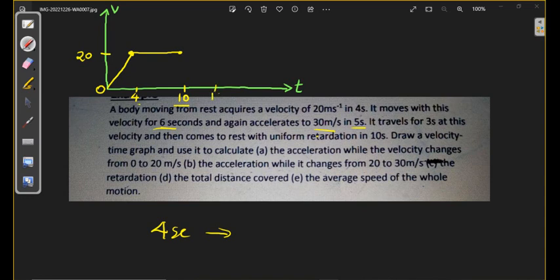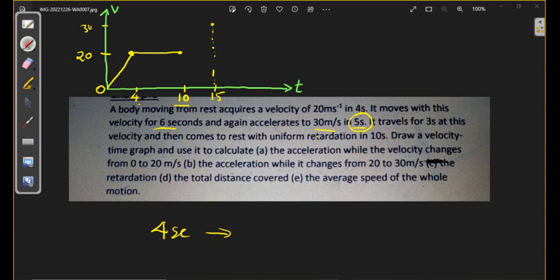So we're already at 10, and then in 5 seconds we accelerate to 30. So by the time we reach 15 here, we're going to go up to 30 there. Like that.